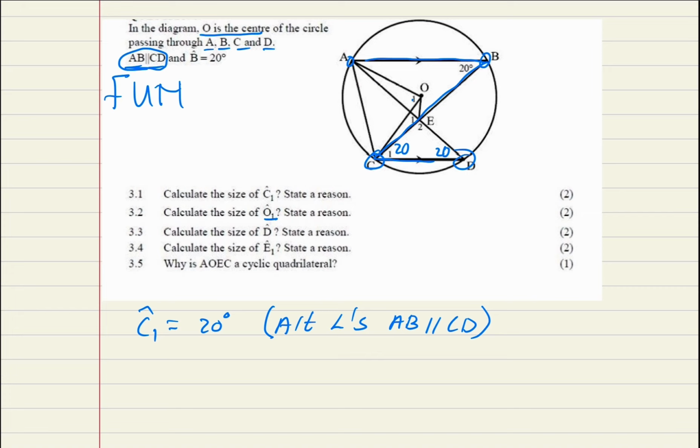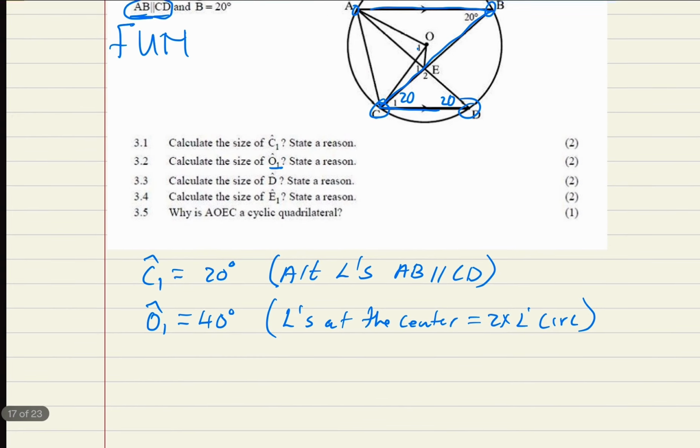O1, where is O1? Oh, there is O1. Angle at the center is twice the angle. Okay, O1 is equal to 40 degrees because angle at the center is equal to 2 times angle at the circumference.